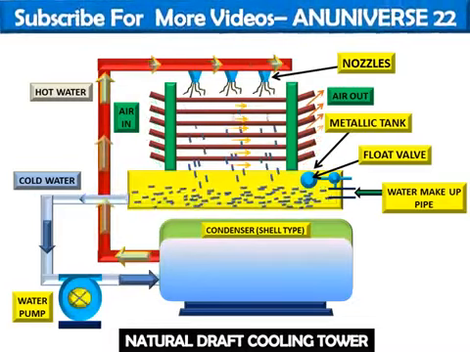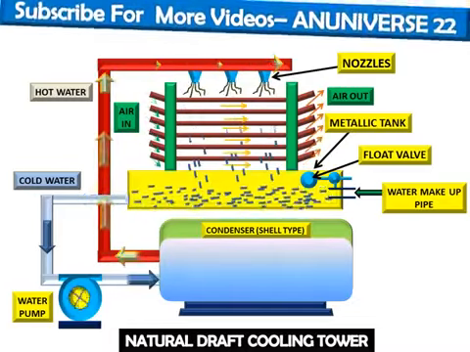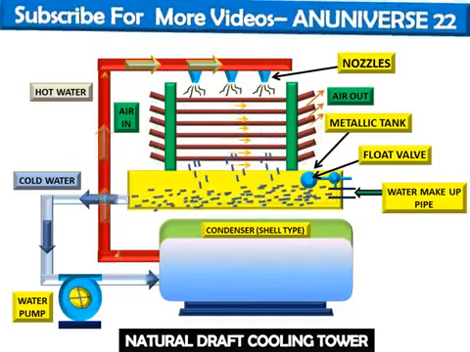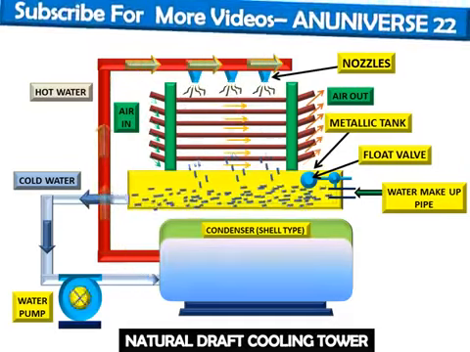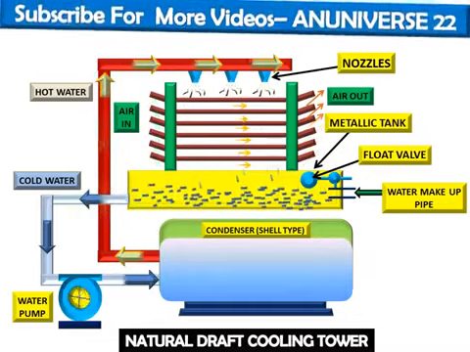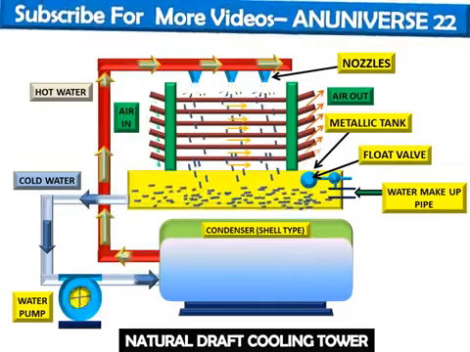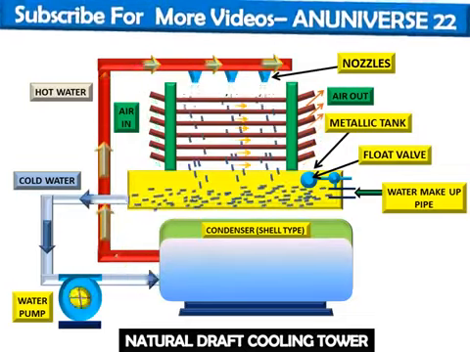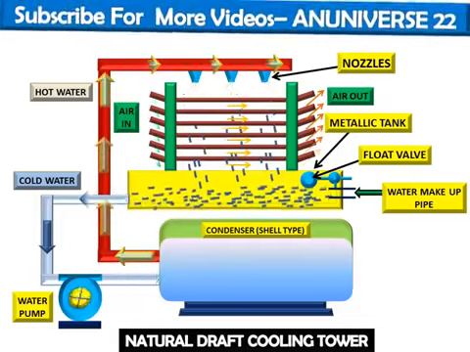The efficiency of natural draft is low, and it occupies more space, but the manufacturing cost is less, and the process adapted to cool hot water is by natural air. So today we learned about the natural draft cooling tower, what is cooling tower, and how we can classify the cooling tower.